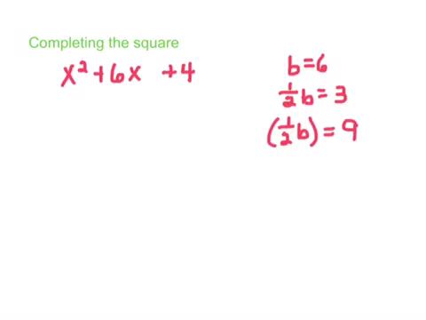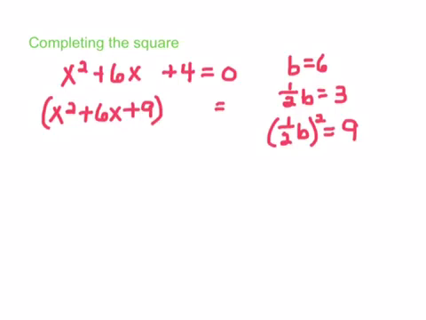So what we would do is write our equation in a new way. We would put x squared plus 6x in parentheses, and before we close the parentheses, we're going to take the half of b squared, which is 9, and add it inside the parentheses.